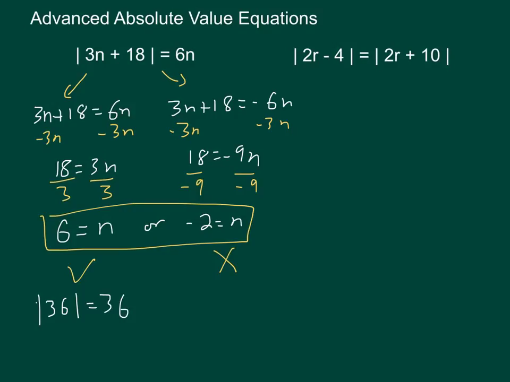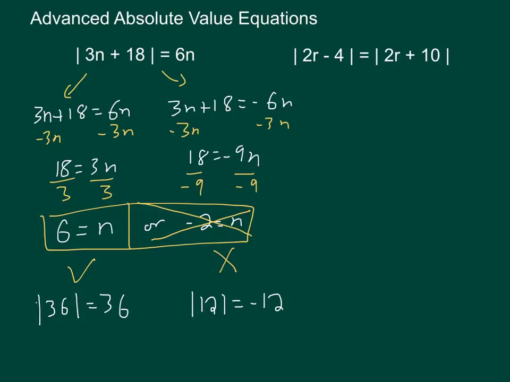But when you plug in the -2, you're actually going to end up getting the absolute value of 12 equals -12, which is not true. The absolute value of 12 does not equal -12. So that is no longer a solution. So it's advanced because when we go back, we see that this actually doesn't work, and the only solution we have is 6 equals n.